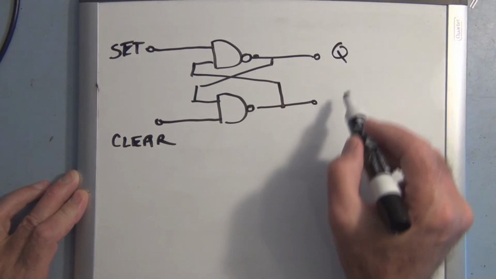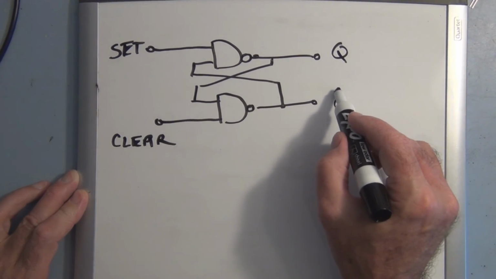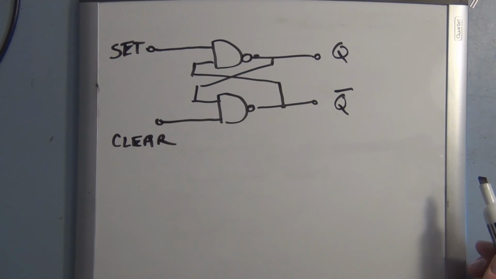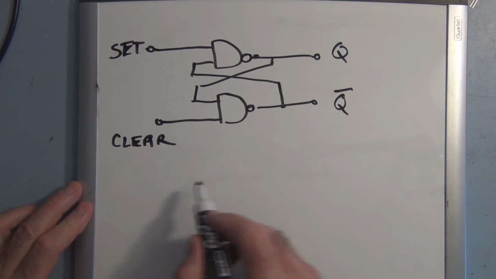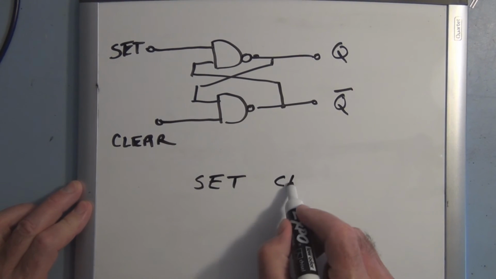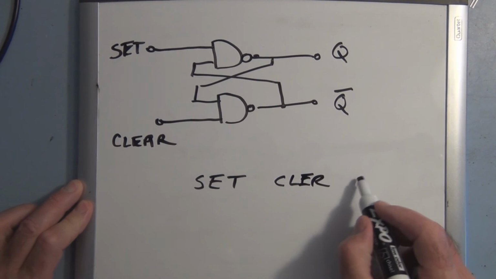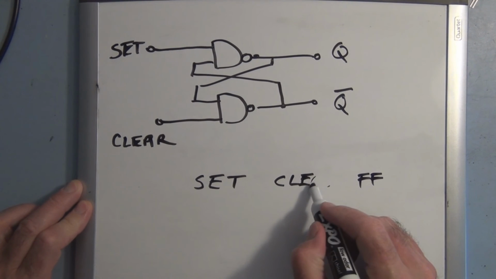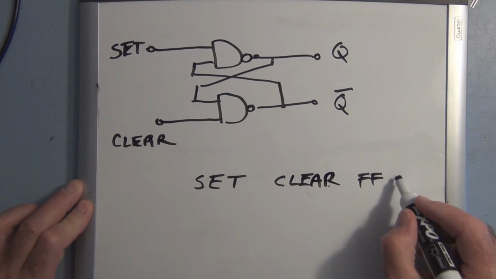In this case, this is Q and this is Q naught. You can see a little bit of difference there between the NOR gate flip-flop and also the truth table, set and the clear, and the FF.